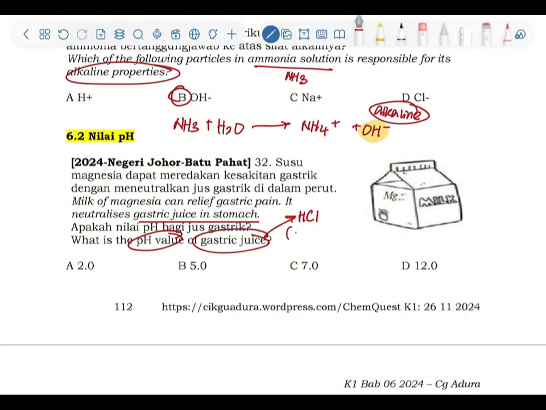So it is a very strong acid. And the main function of it is to kill the bacteria and then start the protein digestion. So the answer is A, since it is a strong acid.